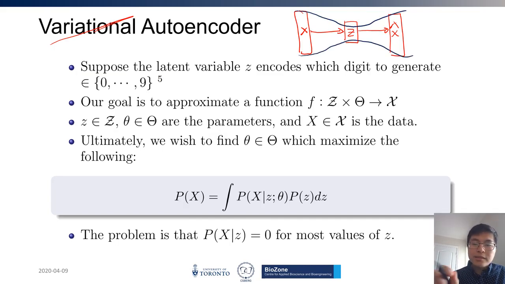In general, the dimensionality of layer Z, of this latent space, is going to be much smaller than that of your input layer. So essentially, it compresses information and it forces the model to capture the more important information in that high dimensional space, compress that into a lower dimensional space from which you can generate your original data with high fidelity.